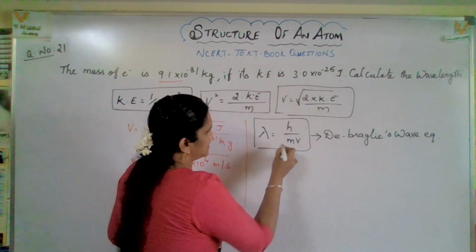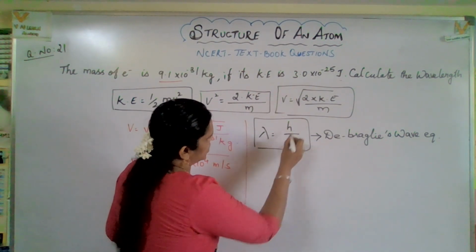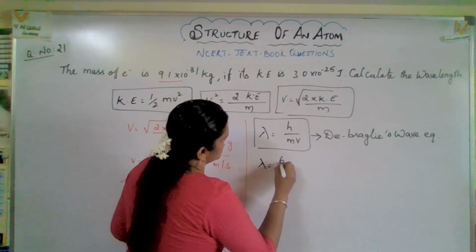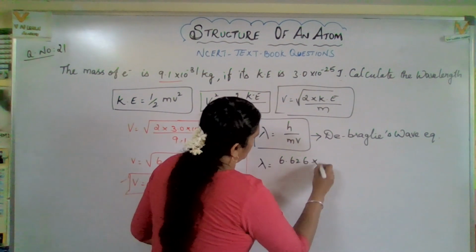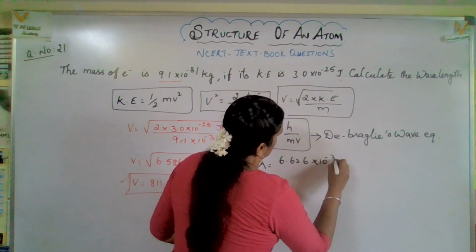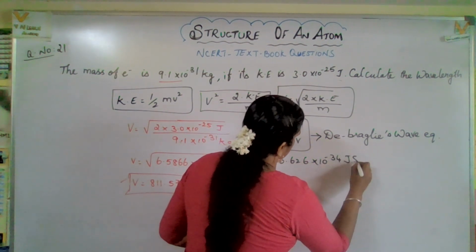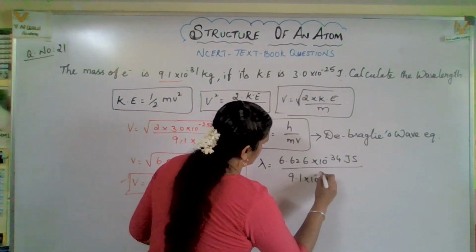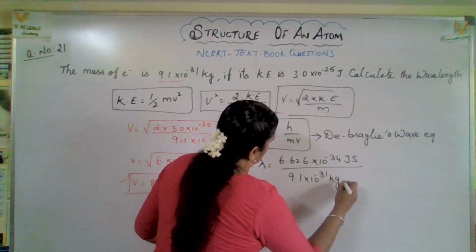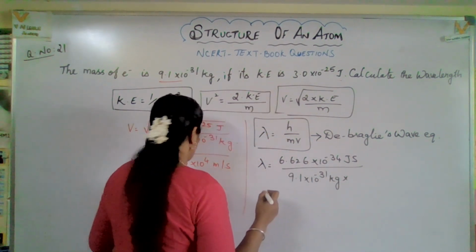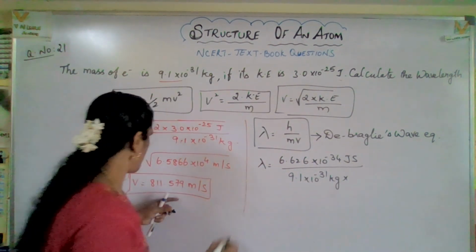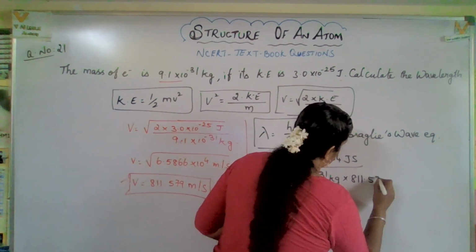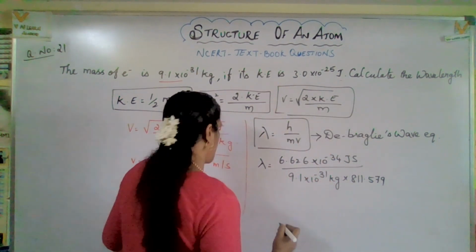Okay, now mass of electron, velocity, and what is it? h, Planck's constant. So lambda is equal to 6.626 into 10 to the power of minus 34 joules second divided by mass of electron 9.1 into 10 to the power of minus 31 kg into velocity, how much? 811.579, meter per second.